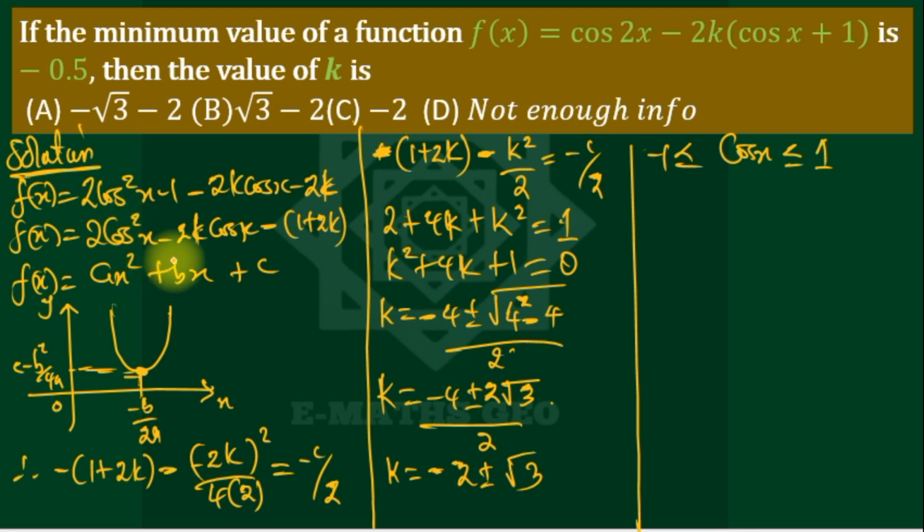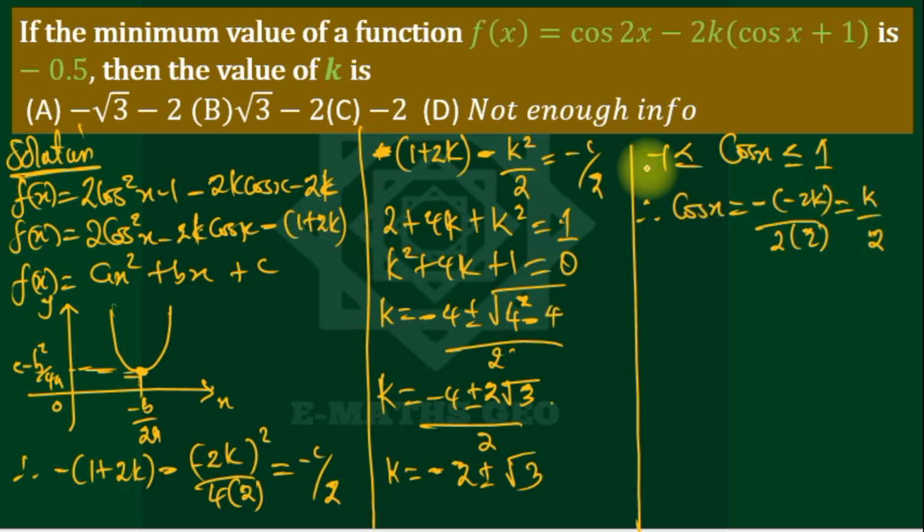I'm saying that cos x is what we use as minus b over 2a, and b is minus 2k over 2 times a, which is 2. So you notice that you have k over 2.